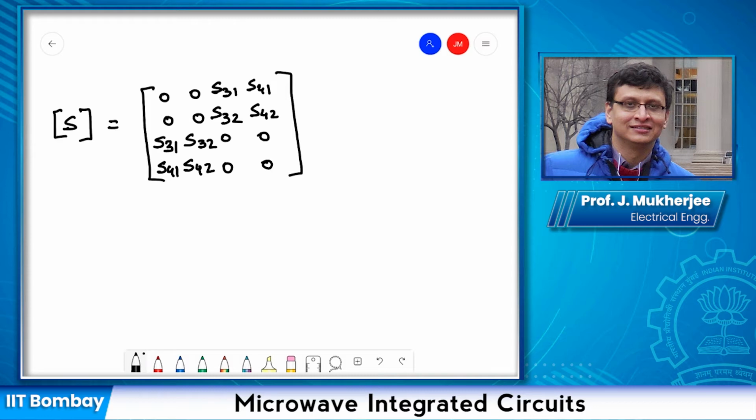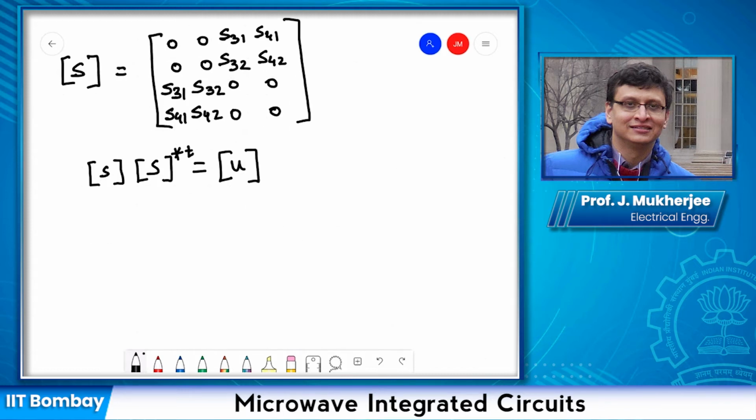So this is how our S parameter matrix of a coupler should be. If we further go ahead with this unitary condition, let me once again write this equation.